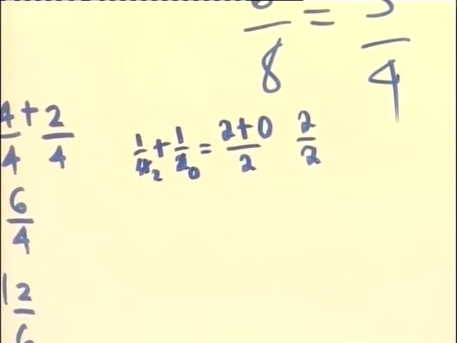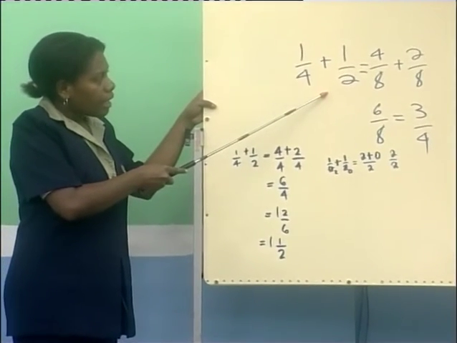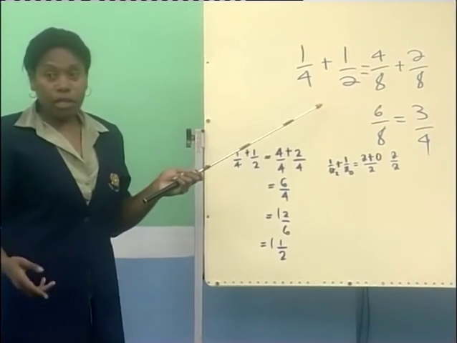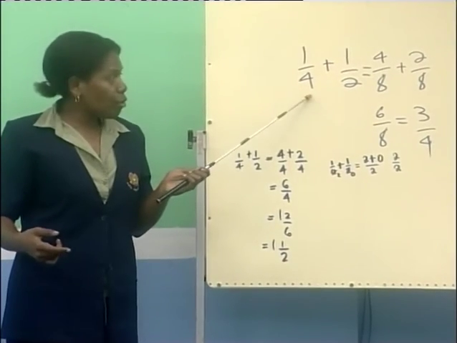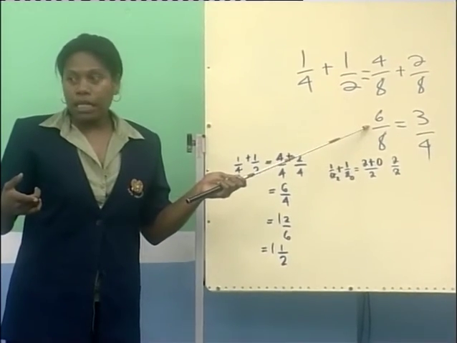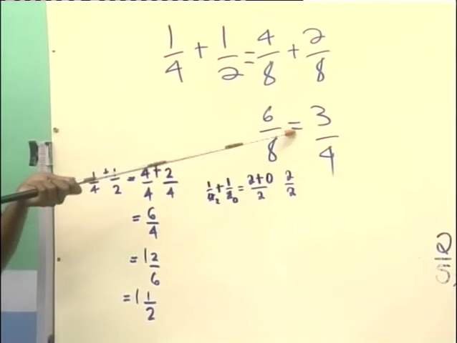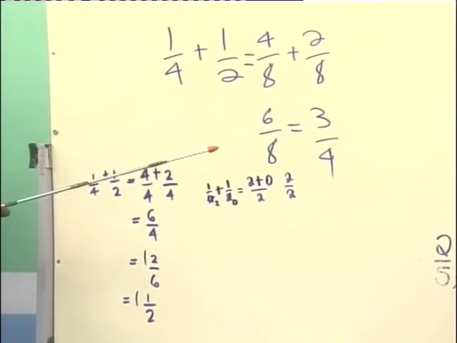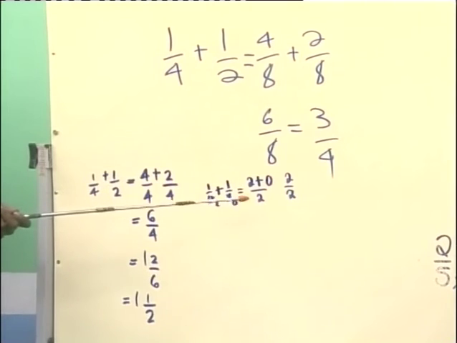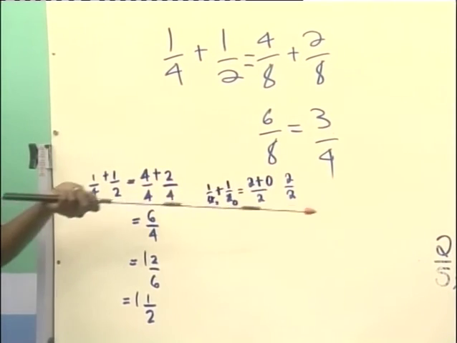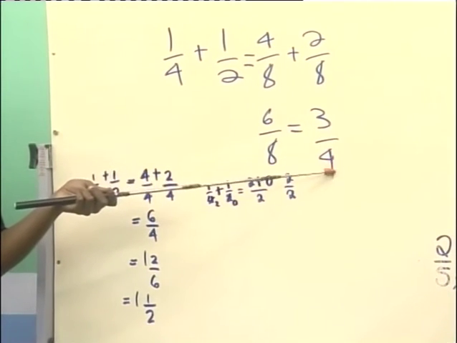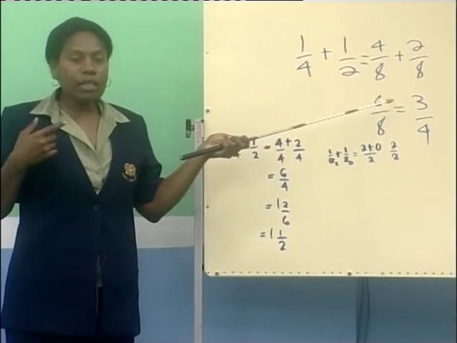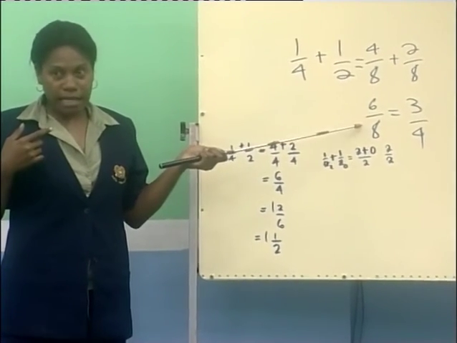Here a quarter plus a half. Now, what is the LCD? We want to look for the lowest common denominator of 4 and 2. Now here we have 8. Is 8 the lowest common denominator of 4 and 2? No. So the answer here is correct, but we are not getting the lowest common denominator.